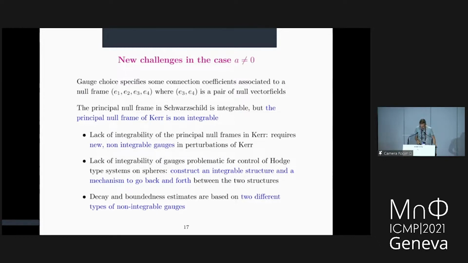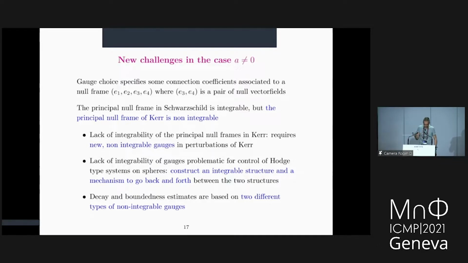Okay, so why is this lack of integrability important? Why do I mention it? Well, for the following reason. It turns out that if you work in the context of null frames, all proofs, starting with the stability of Minkowski, so far in the field are always using integrable null frames.